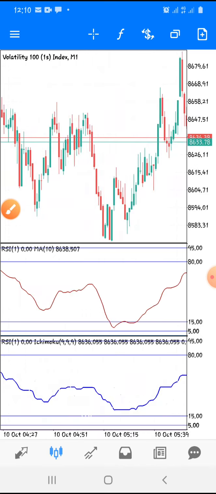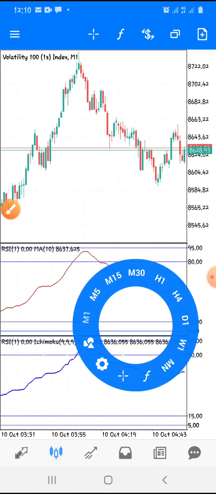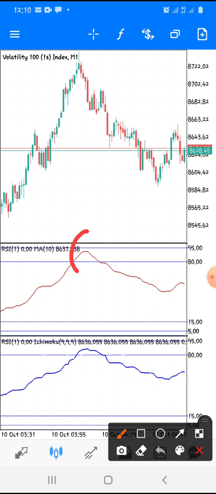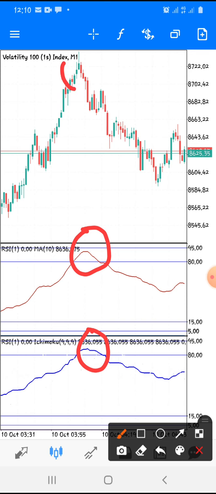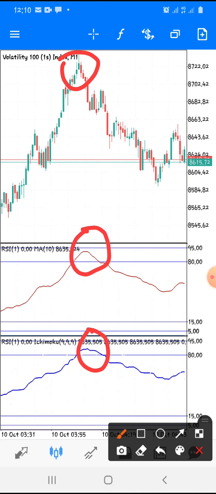So we can also move backwards and see if we have something in common. Here it is in between 80 to 95%, and here it is in between, and here you can see the market is observing that trend. So guys, please make use of the strategy. Though the market will respect the support and resistance zones, it is clear that with this strategy you can make as much money as possible if you obey what I've just shared.